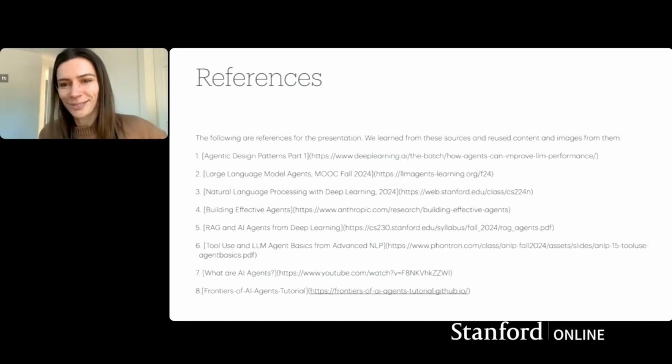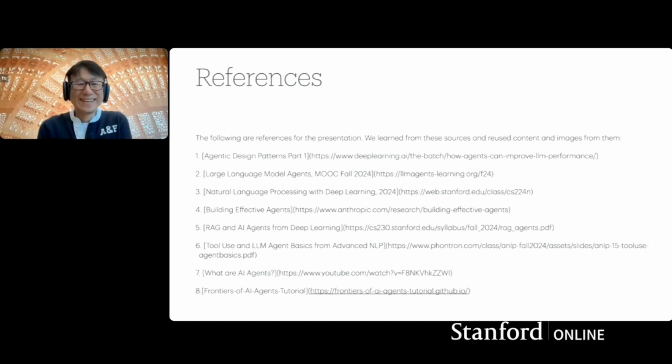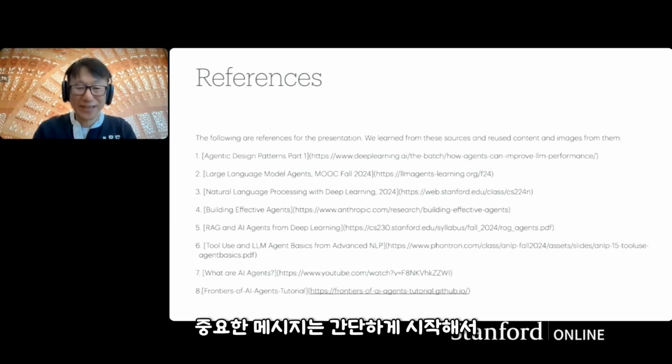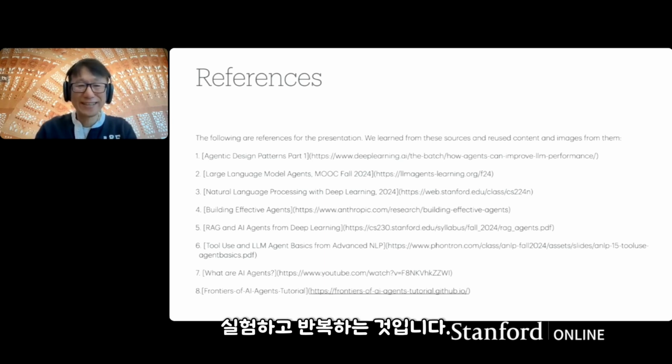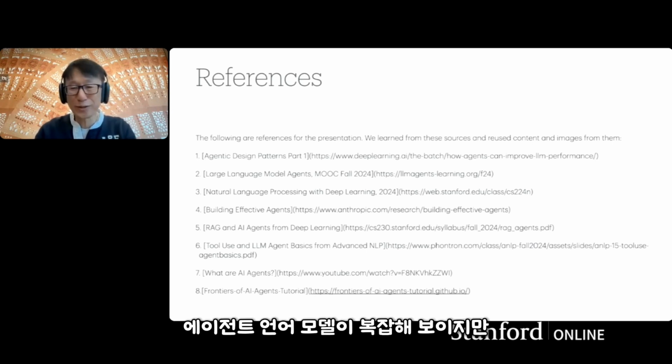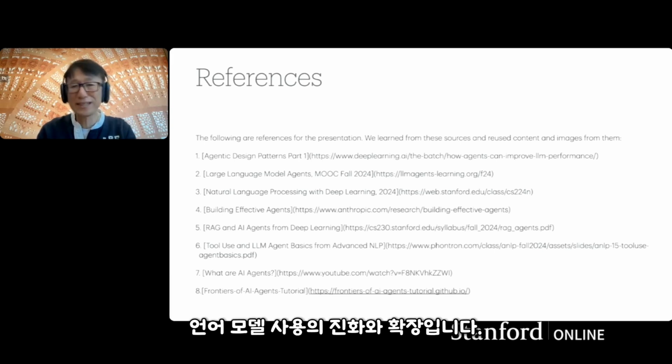Great question. One take-home message here is to start simple, then experiment and iterate. Agentic language models sound complex and fancy, but they are a progression and extension of language model usage.